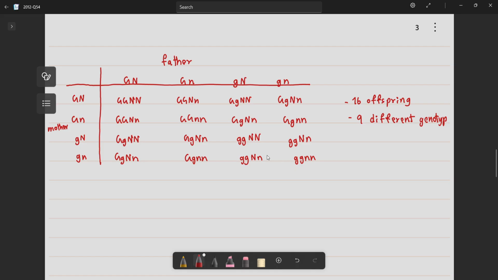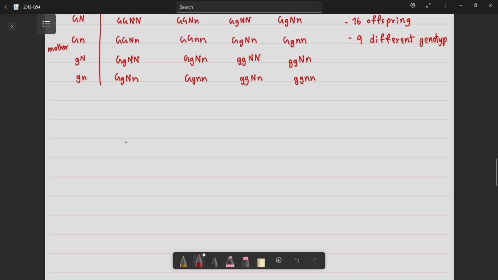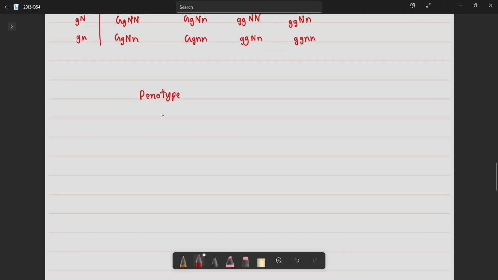Now I'm going to list all the phenotypes. What does phenotype mean? It could be dominant or recessive traits. The first one is going to be all dominant, dominant for both of the two genes.